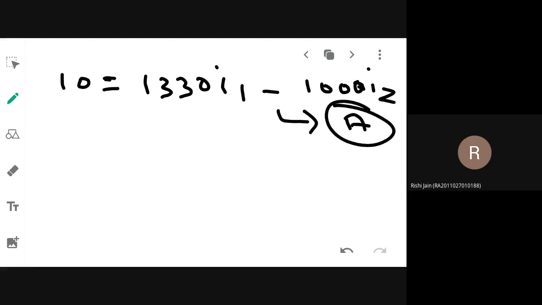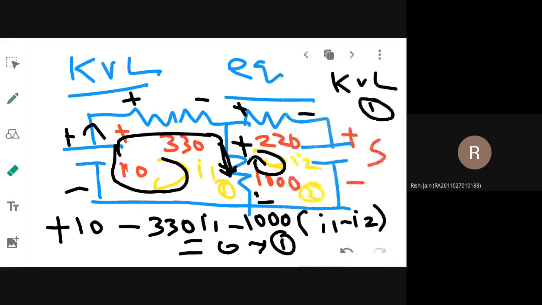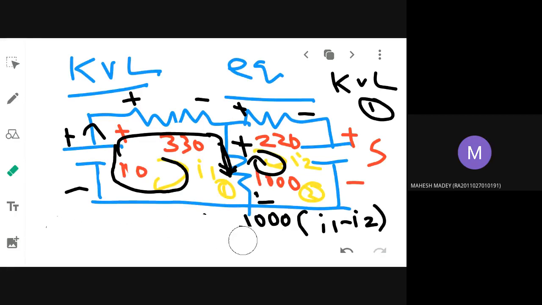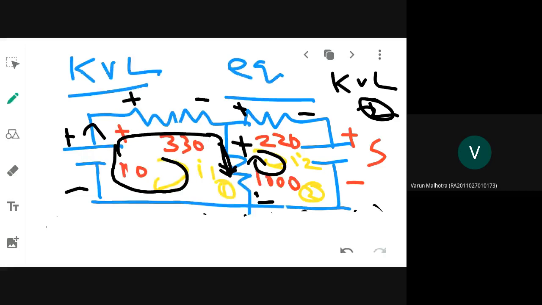Okay, understood. Now in the same way, how to assume? Let me rub this. Have you taken down the equation? Shall I rub the equation? Yes, ma'am. I'm going to write it for the second loop, so I'm rubbing it a little bit. Now I'll write it for the second mesh.